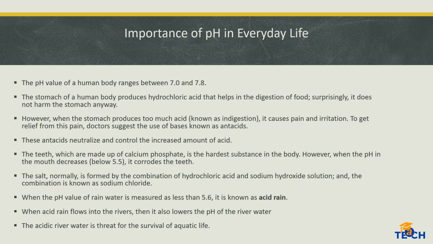When the pH value of rainwater is measured as less than 5.6, it is known as acid rain. When acid rain flows into the rivers, then it also lowers the pH of the river water. The acidic river water is a threat for the survival of aquatic life.